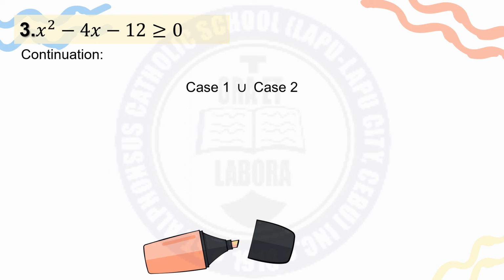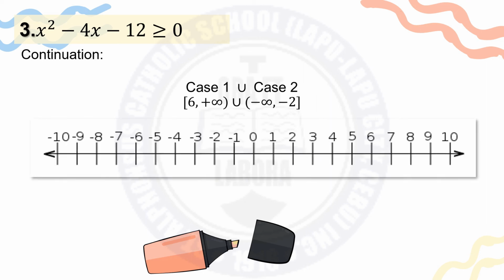as we combine case 1 and case 2, or as we get the union of case 1 and case 2, you have the number line. From 6 to positive infinity, and from negative 2 until negative infinity, including 6 and negative 2. So that's your number line, and this is your graph.